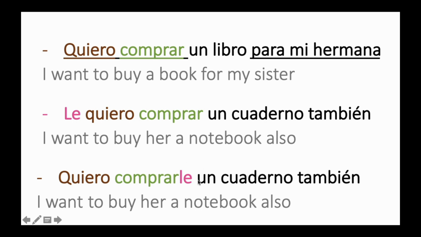So this placement is like the one that we have in English, except that it is attached to the verb. Again, you only have this option of putting the indirect object pronoun after the verb if you have this situation where the second verb is an infinitive or a present progressive tense.